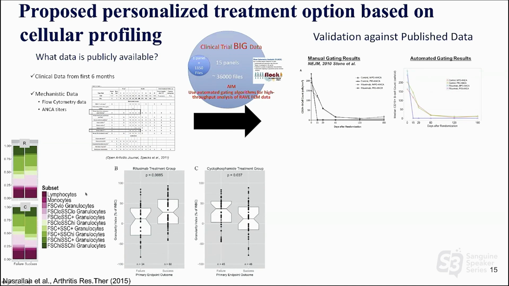So what you see here in the plot, the violin plots, is two groups, the rituximab treatment group and the cyclophosphamide treatment group. At the baseline, we looked at the granularity index. Basically, we were focusing on the granulocytes and we saw some differences. Within the granulocytes there are subsets.